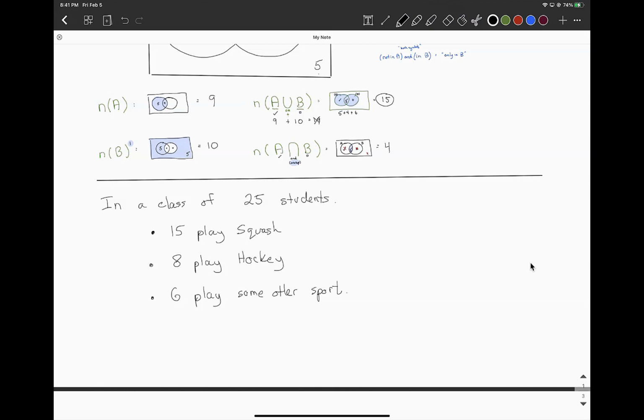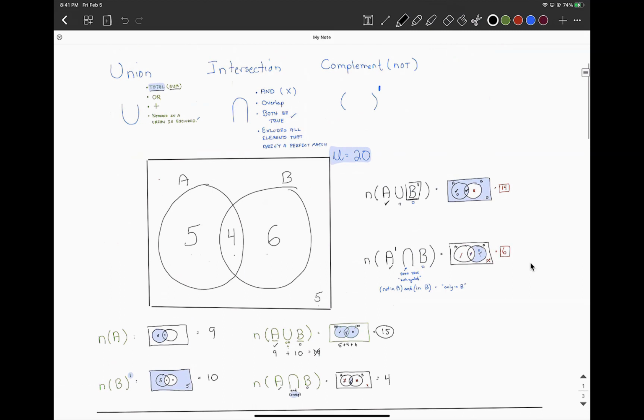Your job is to logically sort this information into a diagram.